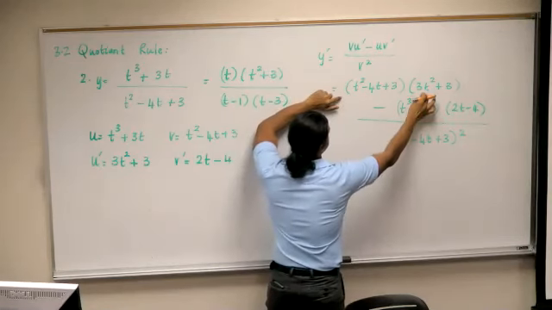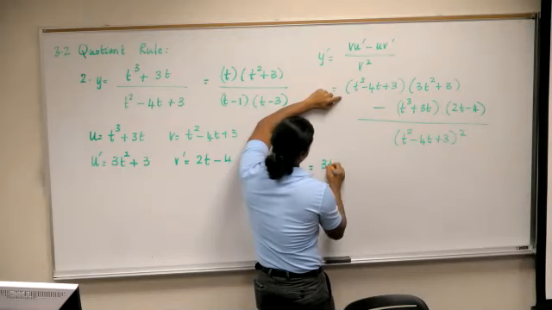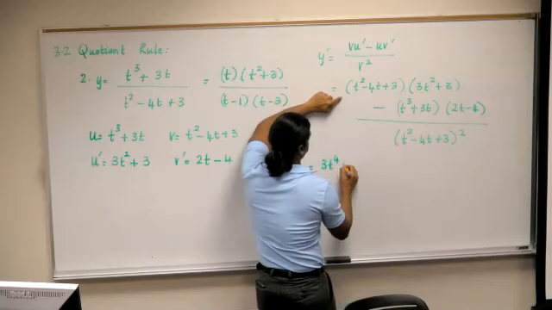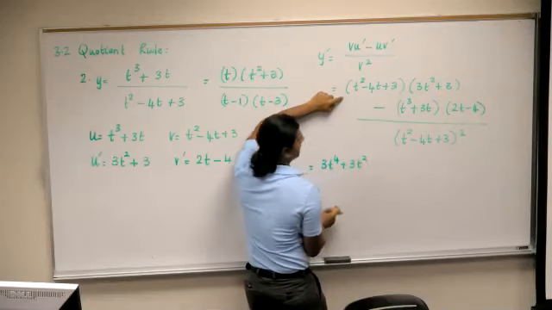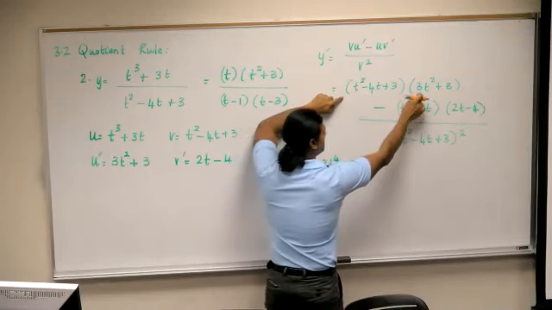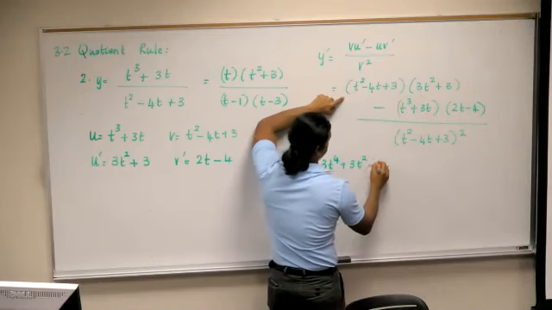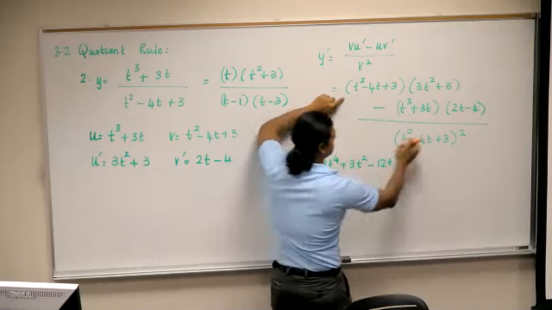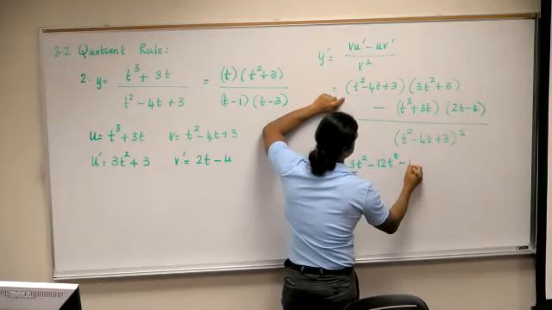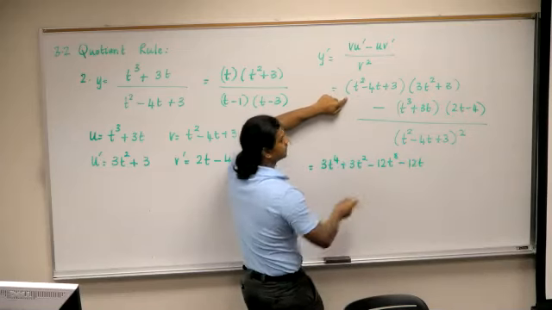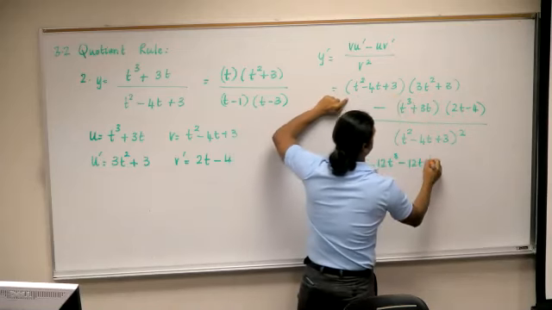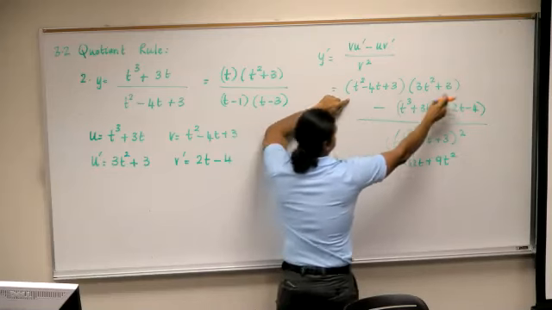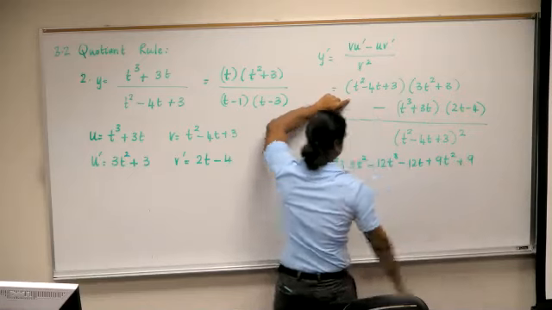So t squared times 3t squared, 3t to the fourth. t squared times 3, 3t squared. Negative 4t times 3t squared, negative 12t cubed. Negative 4t times 3, negative 12t. 3 times 3t squared, 9t squared. 3 times 3, 9.